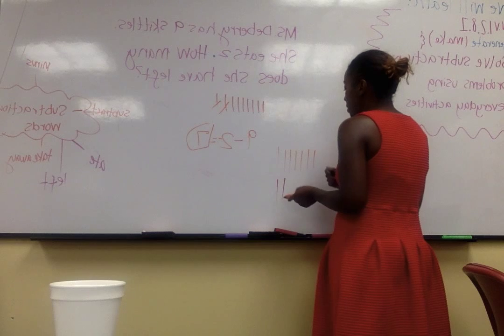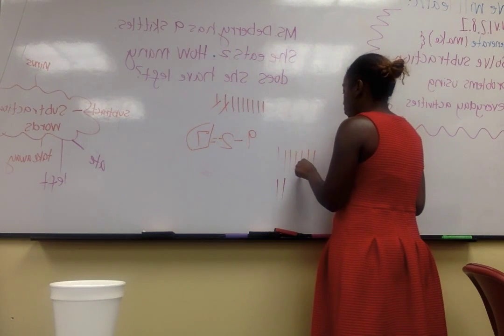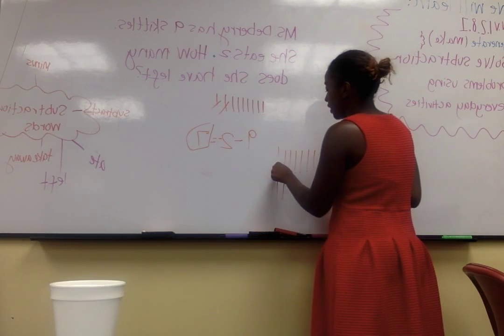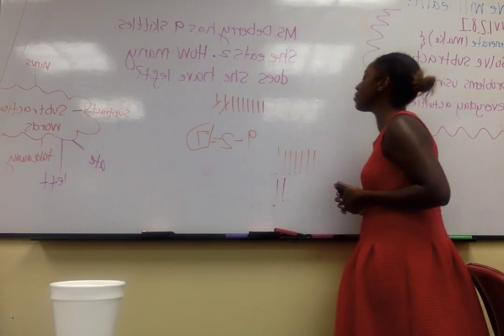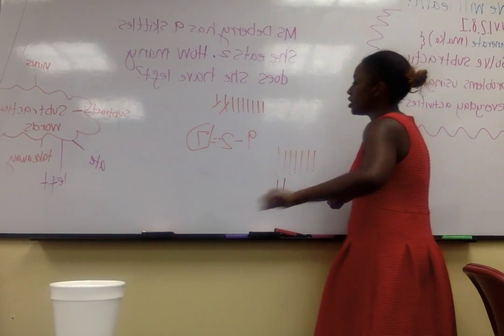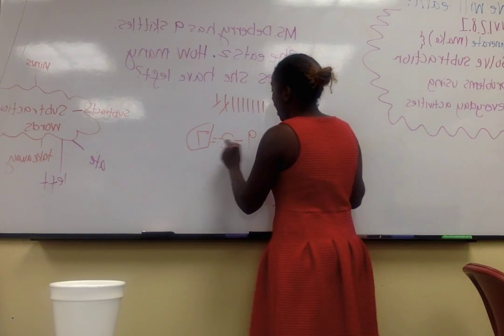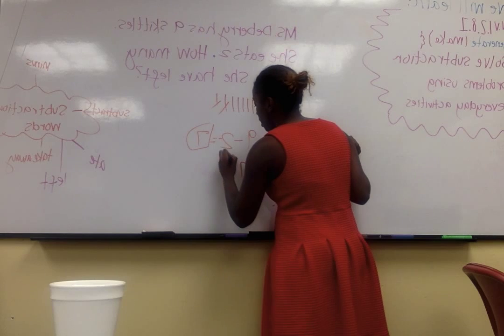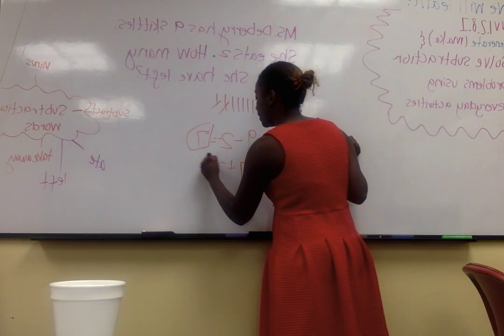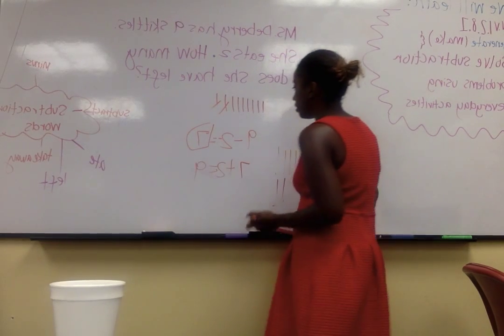Will I end up with 9? 1, 2, 3, 4, 5, 6, 7, 8, 9. 9. I end up with the number that I started with. So, if 9 minus 2 is 7, then 7 plus 2 is equal to 9.